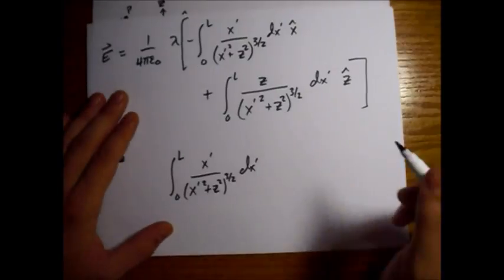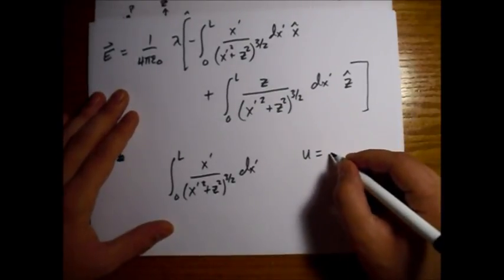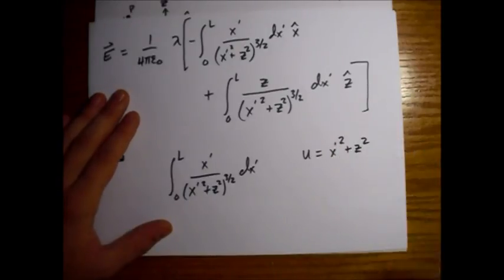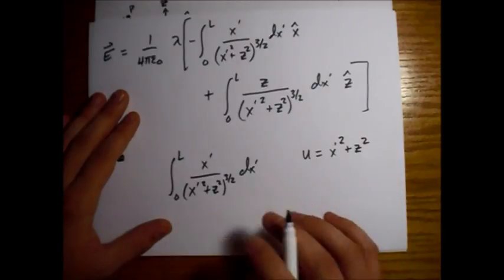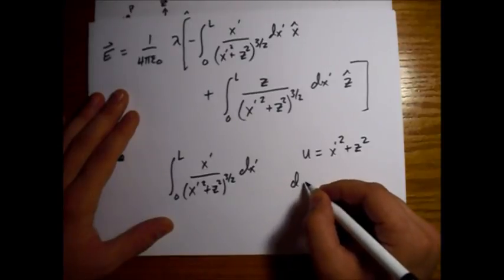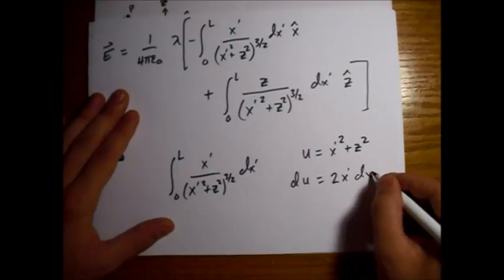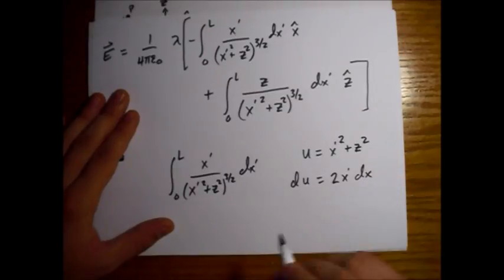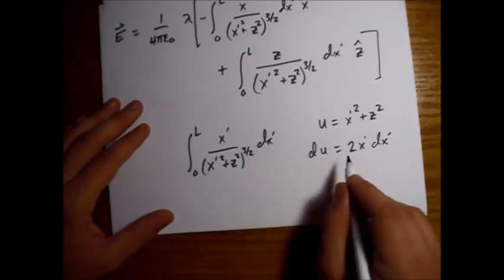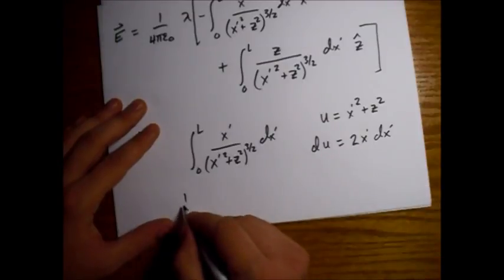Okay, so let's go after this one. I'm going to make the substitution of u is equal to x prime squared plus z squared. Now we just find du equals 2x prime dx prime. Now, this 2 is going to come down as a 1/2 out front.